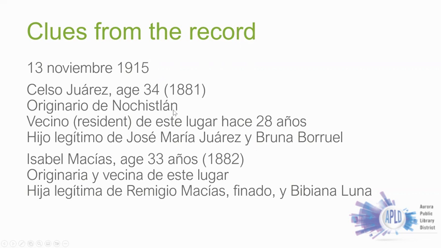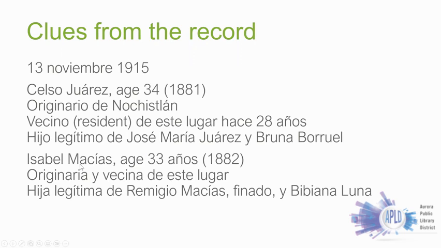Remember when we looked at the map, Nochislan wasn't too far. And then it tells me he's a vecino de, which means he's a resident of this place for about 28 years. So he obviously moved here with his family as a child. And then it tells us he's the legitimate son of Jose Maria Juarez and Bruna Boruel, and that's perfect because that matches what we saw in the baptism record. So I know I have the right marriage and I have the right couple.